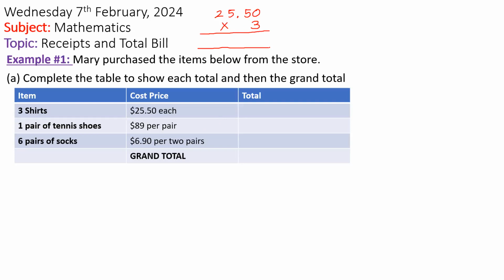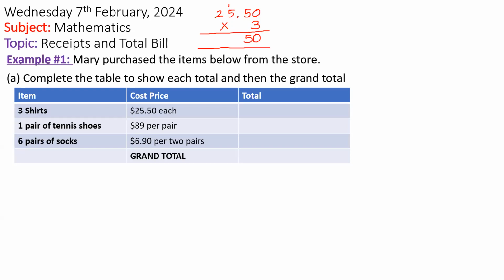All right, so 3 times 0 is going to be what? 0. Oh my bad. 0, not 3. 3 times 5 is what? 15. Put the 5 down, put the 1 above. 3 times 5 is 15.